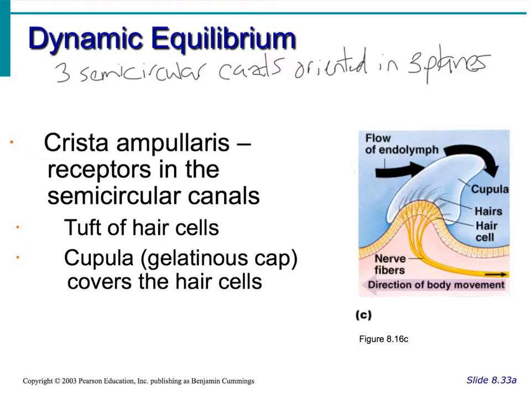And inside each crista ampullaris is what's called an ampulla and a cupula. The ampulla is kind of the membrane, and the cupula is this little gel-filled part here. And it acts kind of like a little wavy cap. So if your body moves this way, the cap flows that way. And that's how it's determining the direction of the flow.